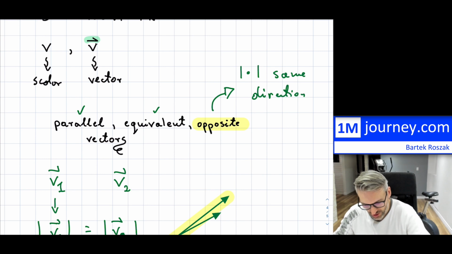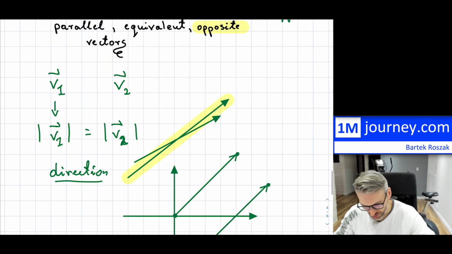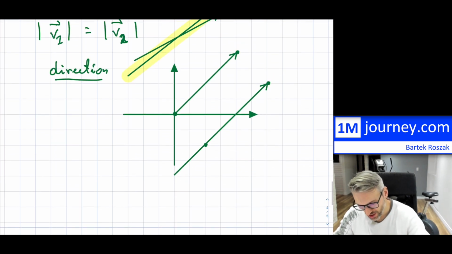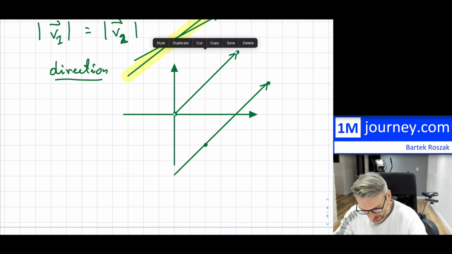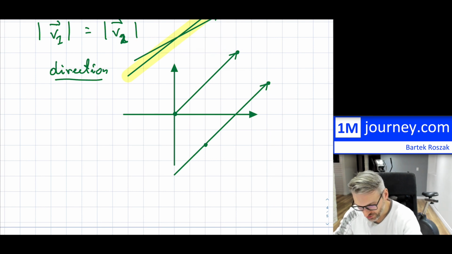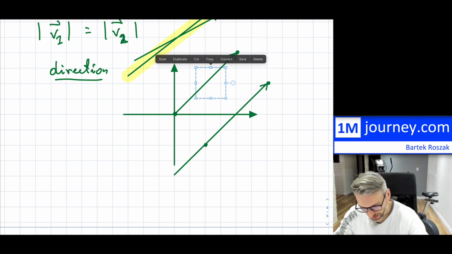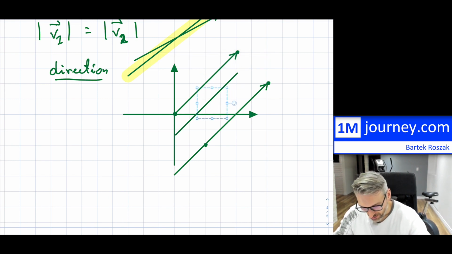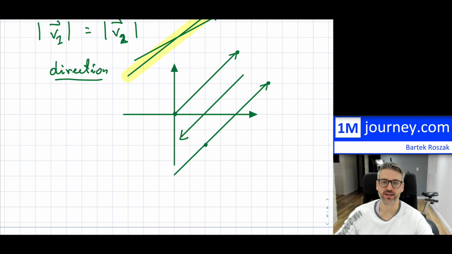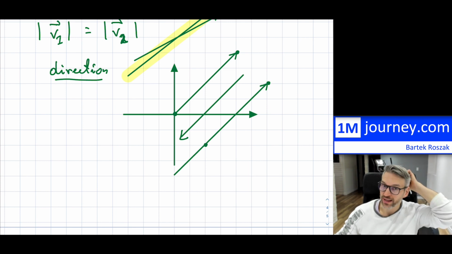If you were drawing it out, if you take this one and duplicate it right here, these two are parallel, but if I put the arrow in the opposite way, these are called opposite vectors.